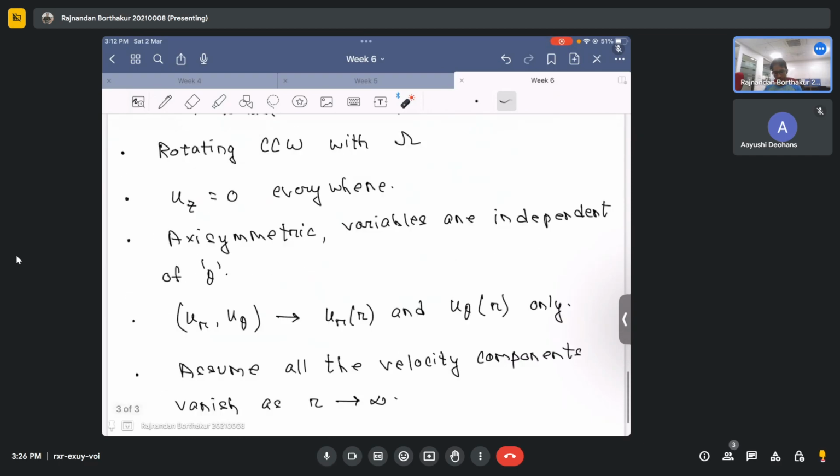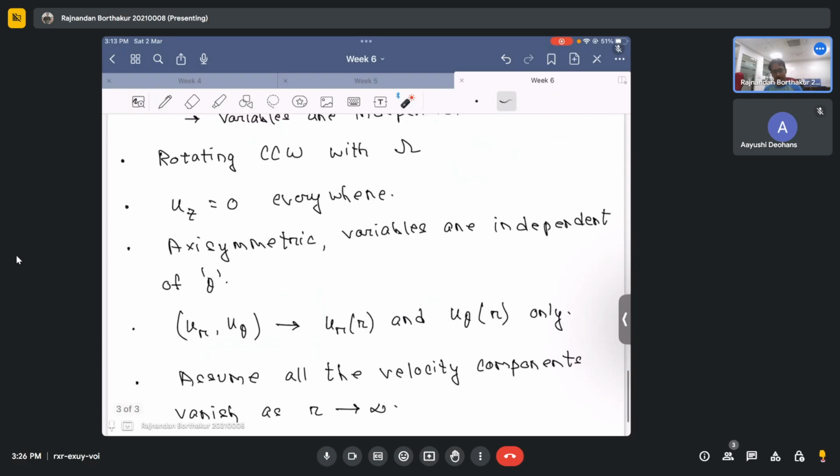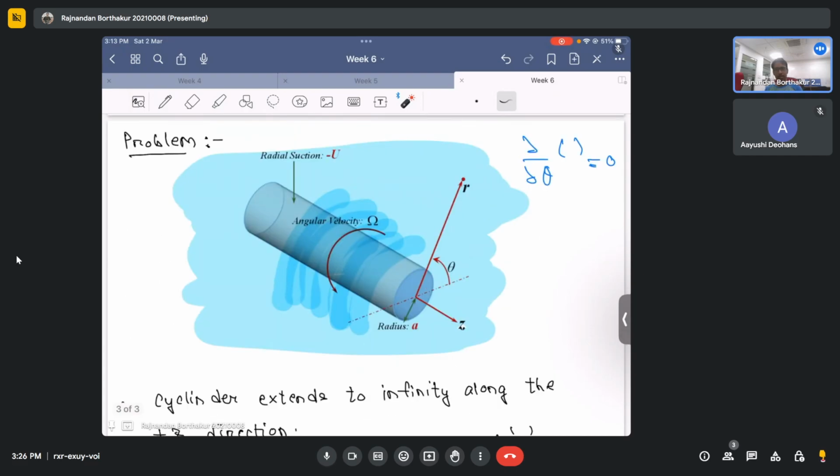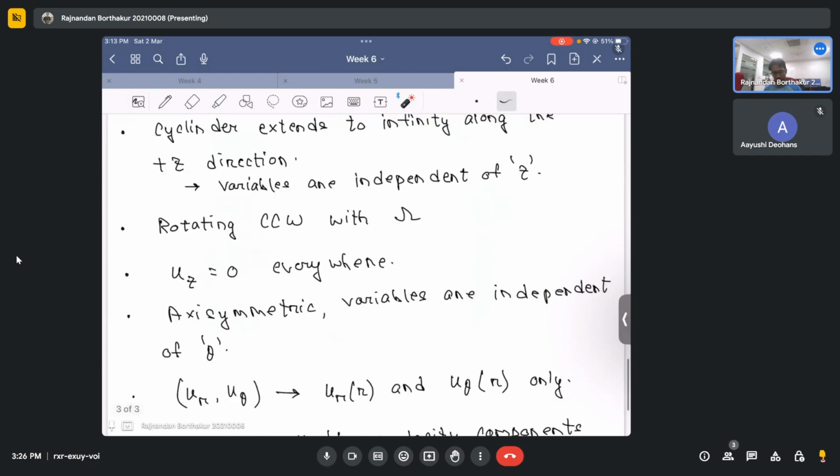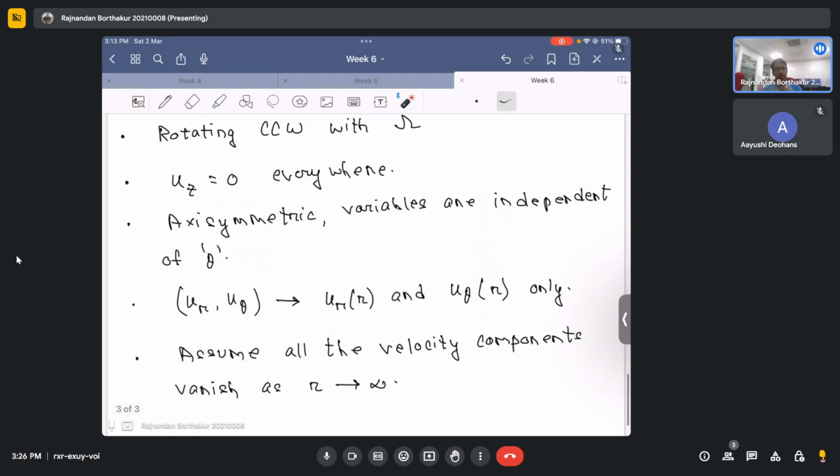But in this problem, of course, it's a cylindrical flow field that we are solving for, and that's why our definition of axisymmetricity would be basically this. As I have said, there will now be two flow fields, u_r and u_theta, and they will be a function of r only. They will not be a function of z because the flow field is fully developed and there is no actuating mechanism in the z direction.